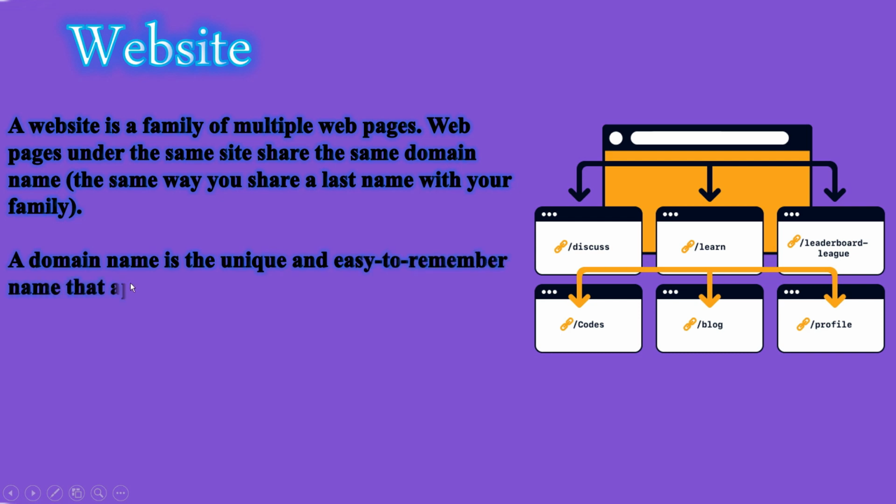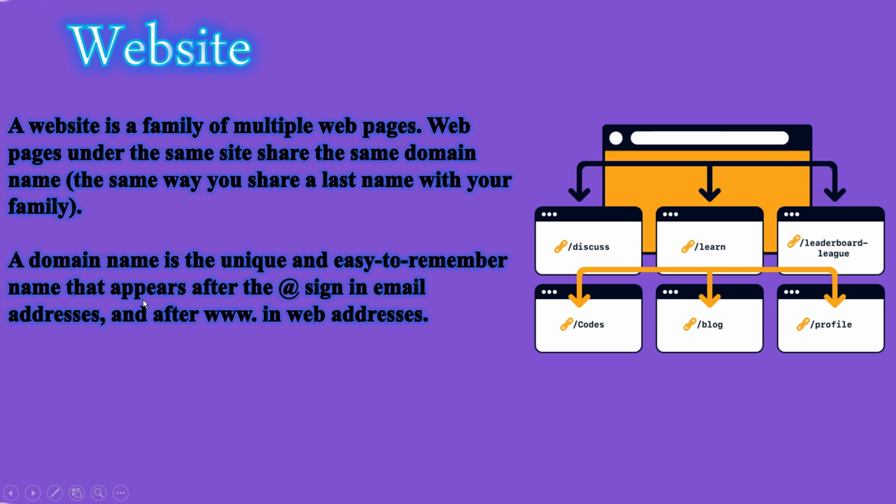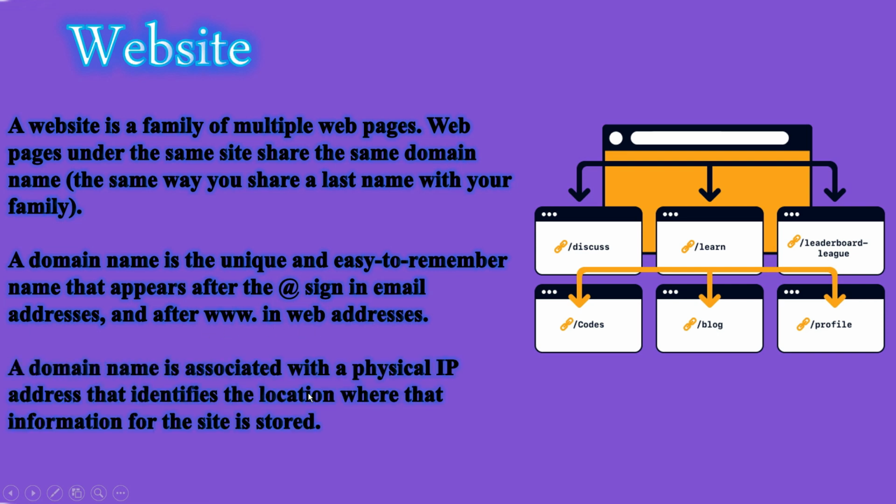A domain name is the unique and easy to remember name that appears after the @ in an email address and after www. in web addresses. A domain name is associated with a physical IP address that identifies the location where the information for the site is stored.